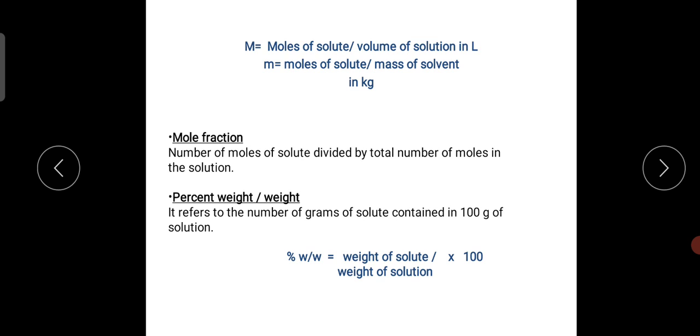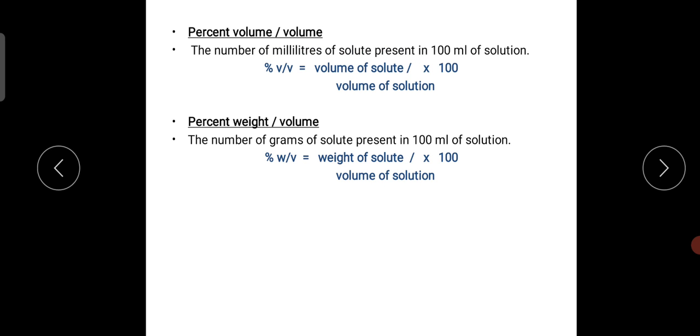Percentage weight by weight. Weight is calculated in grams. So it is the number of grams of solute contained in 100 grams of solution. The formula is weight of the solute divided by weight of the solution times 100. Then percentage volume by volume. It is the number of milliliters of solute present in 100 ml of solution.